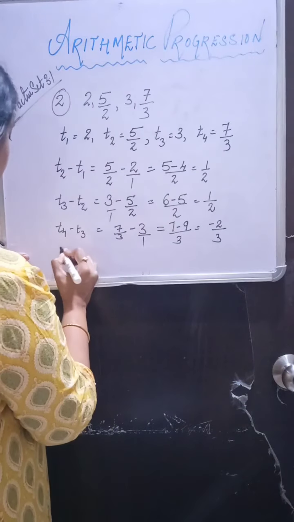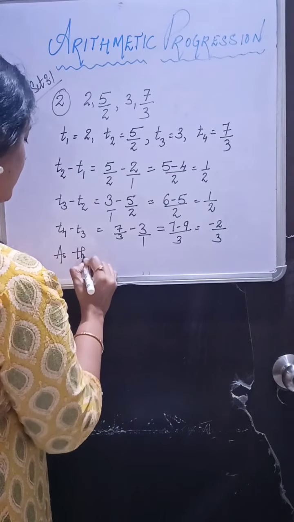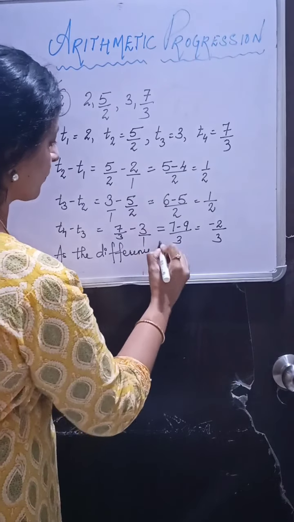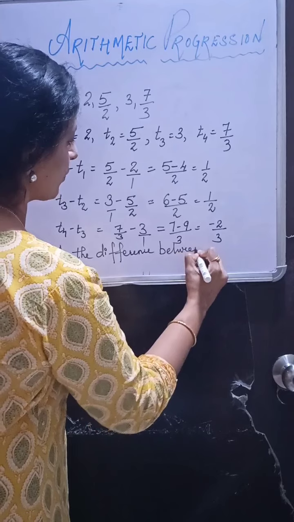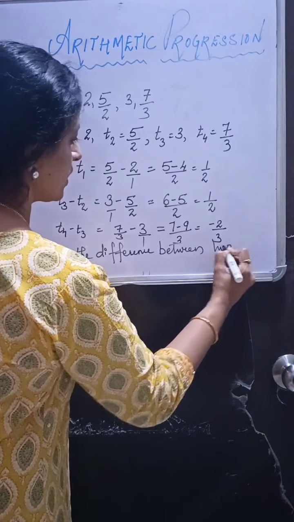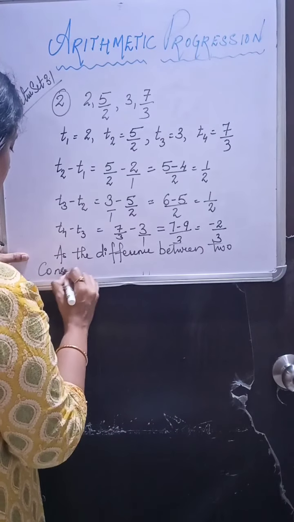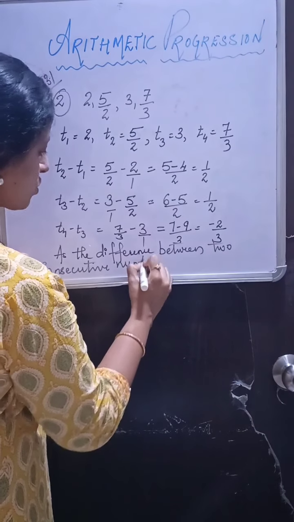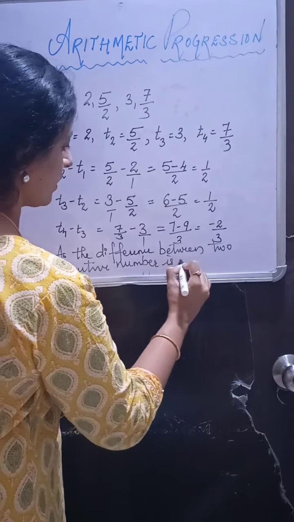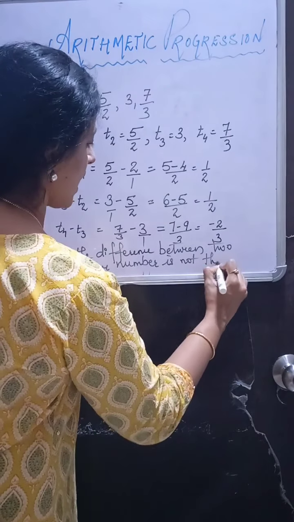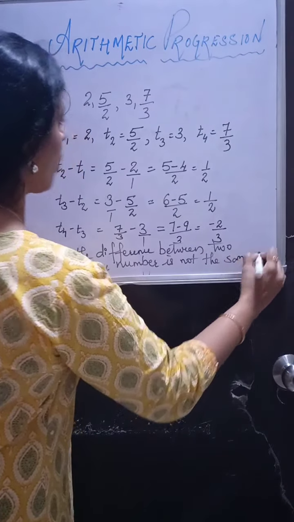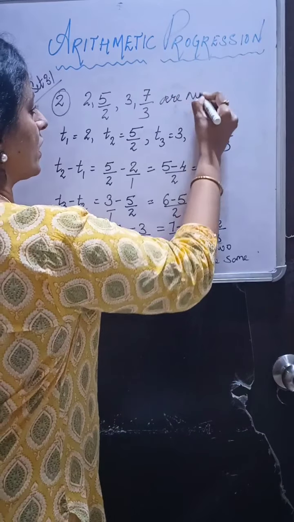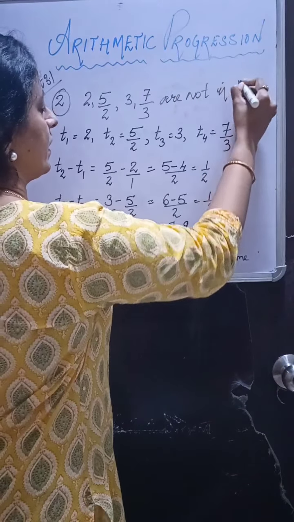So you will write: the difference between two consecutive numbers is not the same, then copy these numbers and write that they are not in AP.